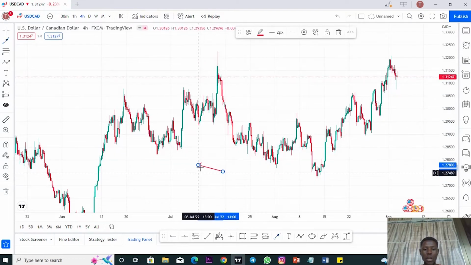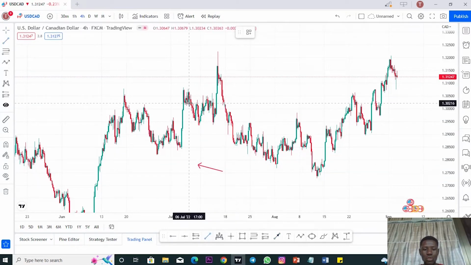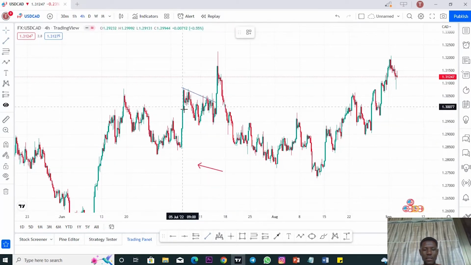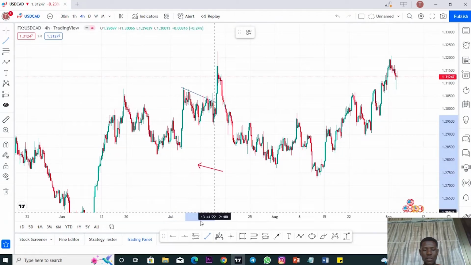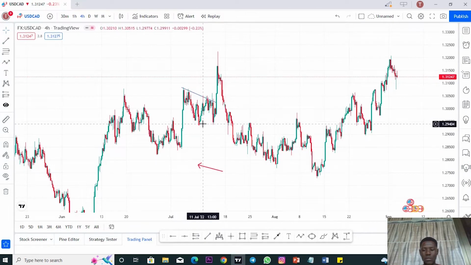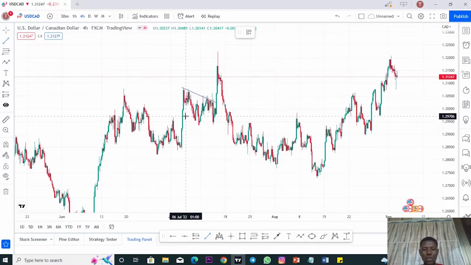So this is where you can choose your trend line, then draw your trend line very nicely, touching some points very nicely. Let's draw our trend line.